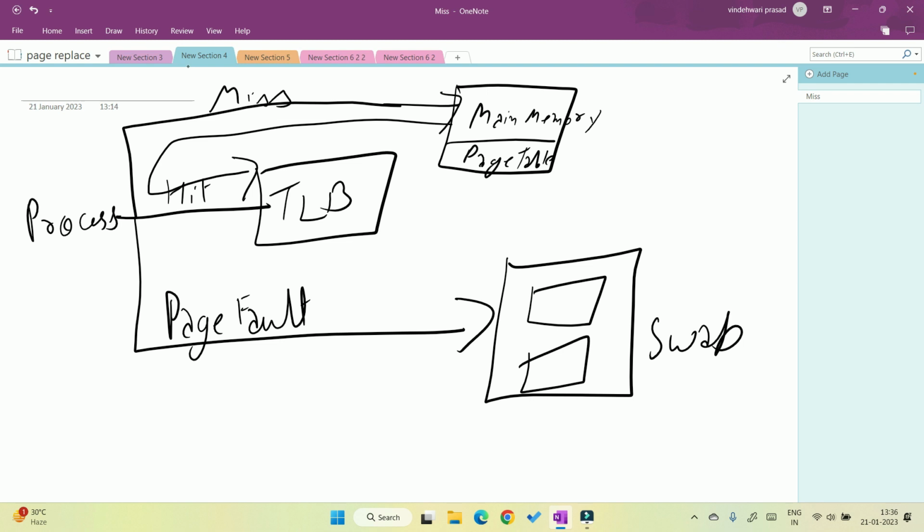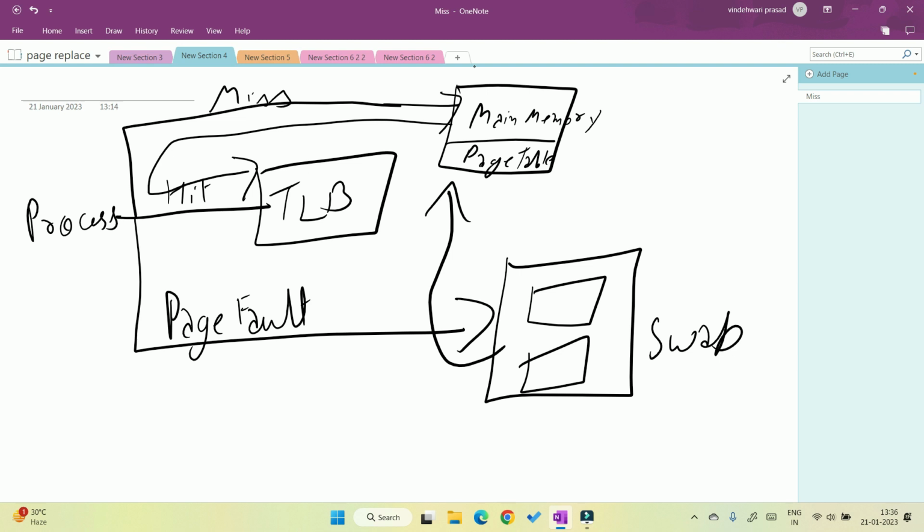From swap, this page frame moves to the main memory, so that next time when the process requires it, it can directly get it from the main memory and does not need to travel to the secondary memory again. But you ask a very good question here.